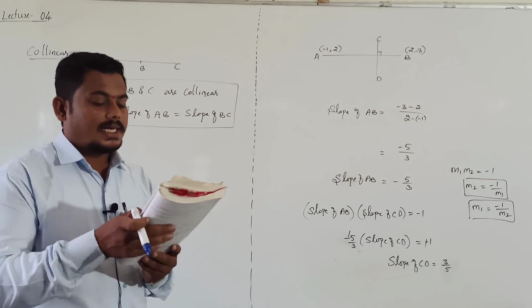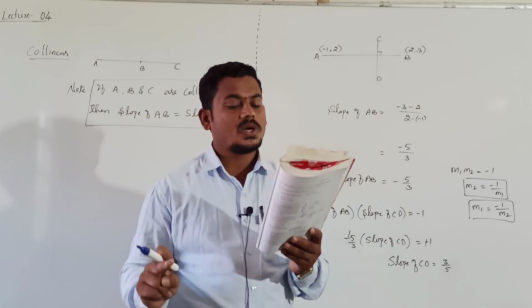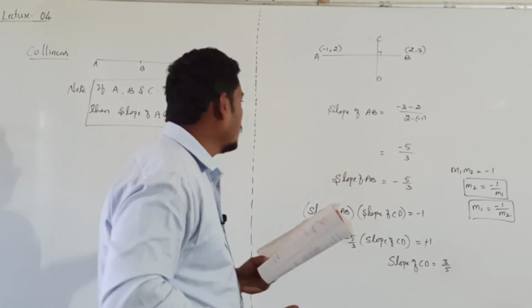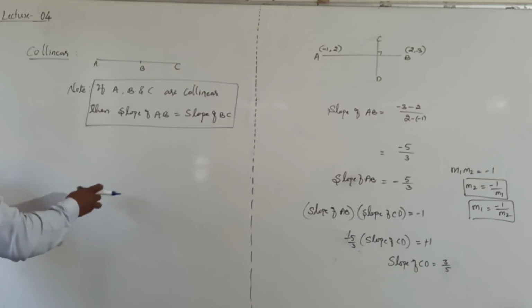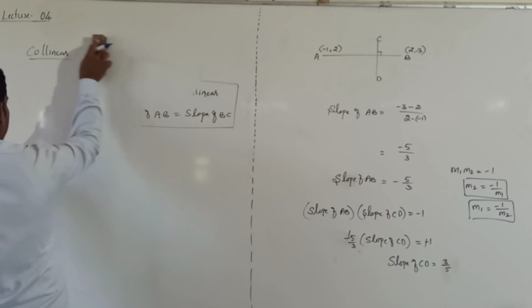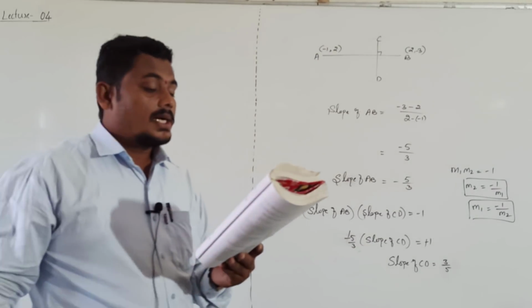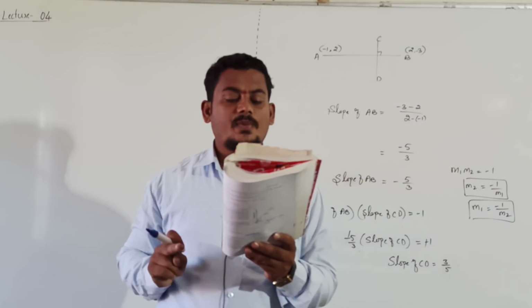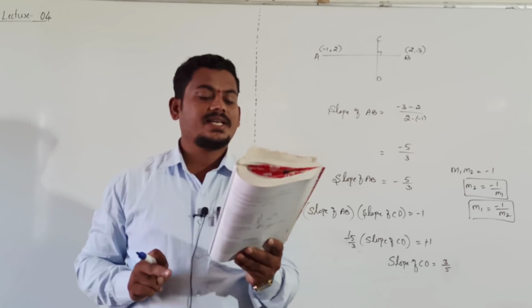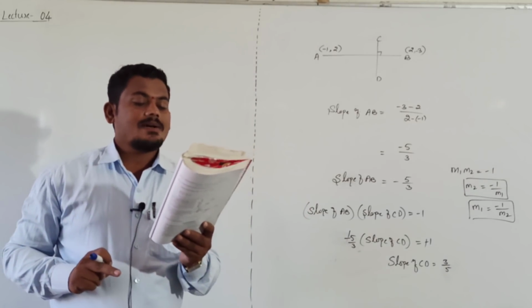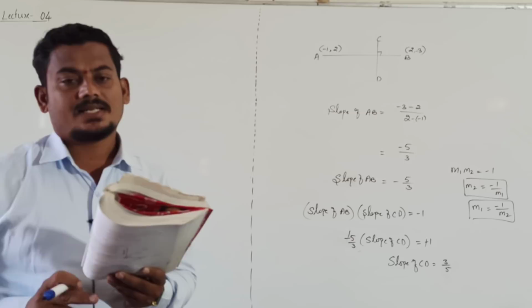Question is, line through the points -2, 6 and 4, 8 is perpendicular to the line through the points 8, 12 and x, 24. Find the value of x.